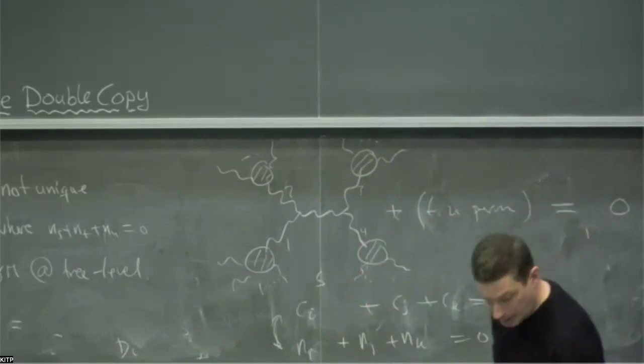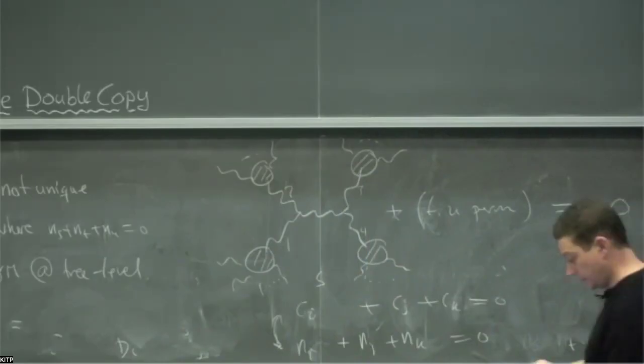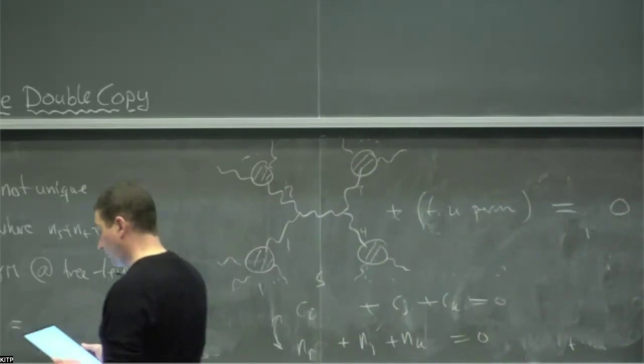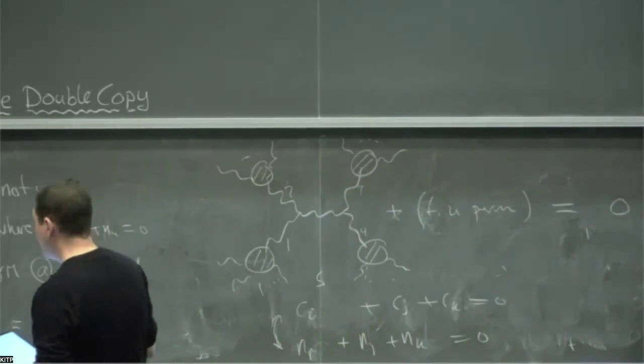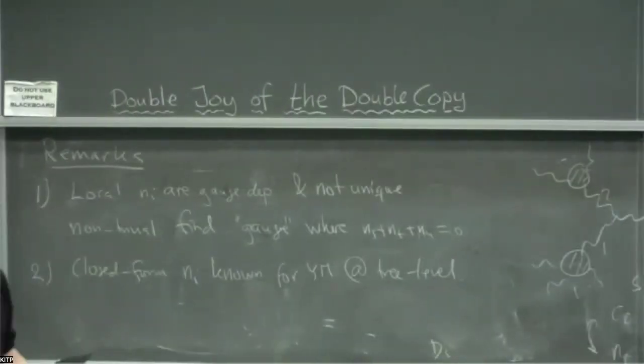Okay, good. What's the next thing I was going to say? Yes, I did mention that the reason why numerators satisfy the Jacobi relation has something to do with kinematic algebra.